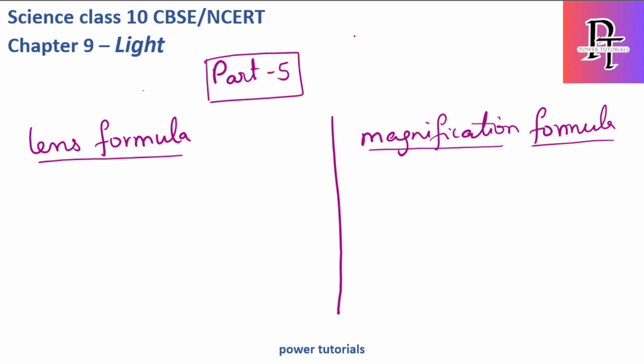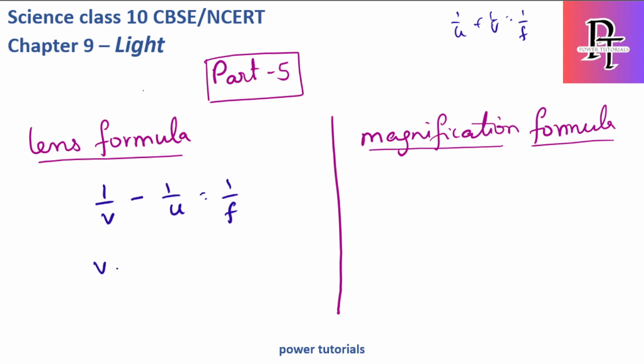If you remember, we had the mirror formula in the previous classes. What is the mirror formula? 1 by u plus 1 by v is equal to 1 by f. The lens formula is 1 by v minus 1 by u is equal to 1 by f. Just remember: 1 by v minus 1 by u equals 1 by f.